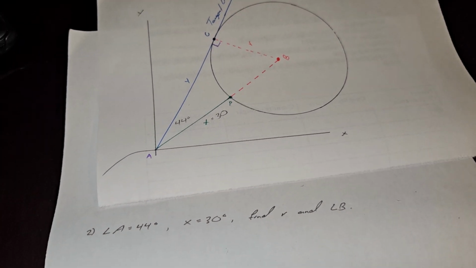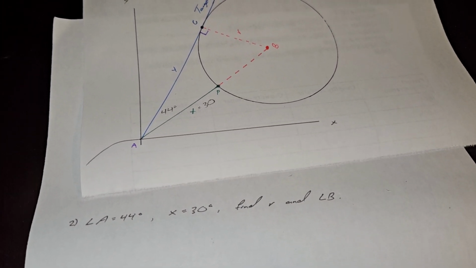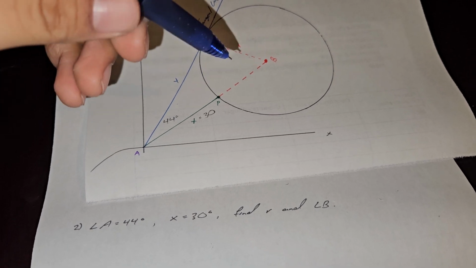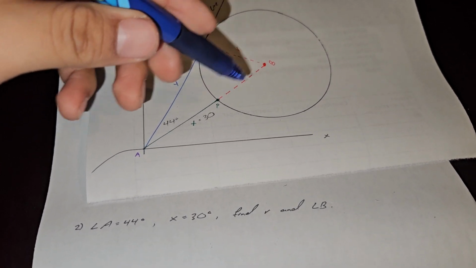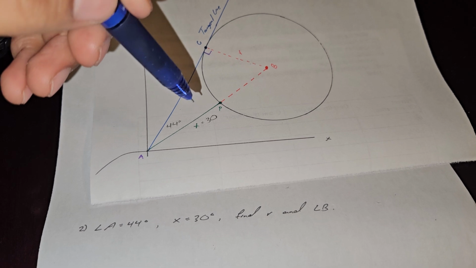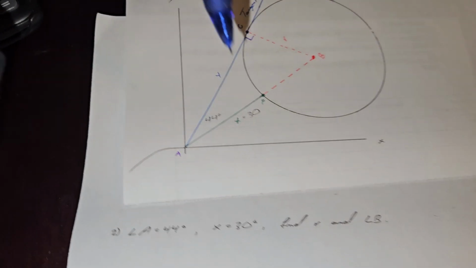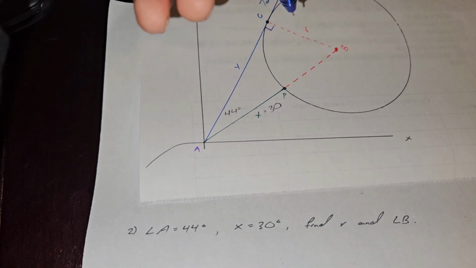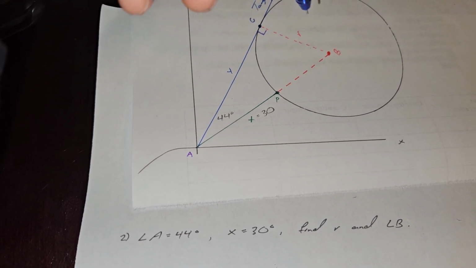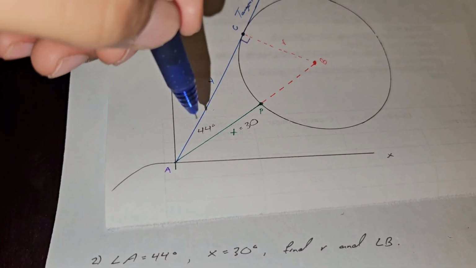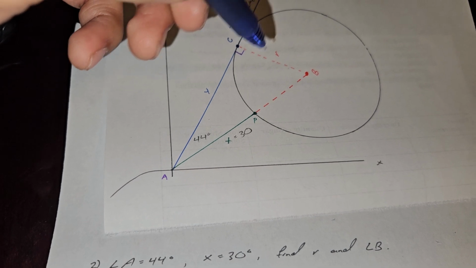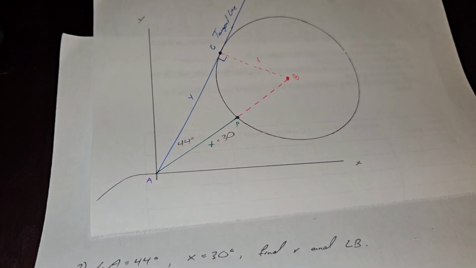So again, we're gonna use SOHCAHTOA. So R, this is R again. Remember, radius R. Basically, we're gonna have to do opposite over hypotenuse, right? That's sine.